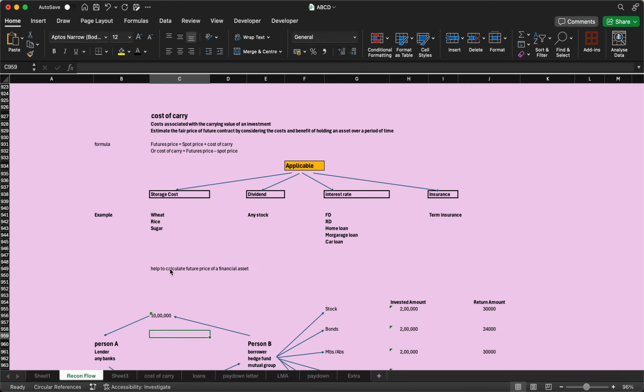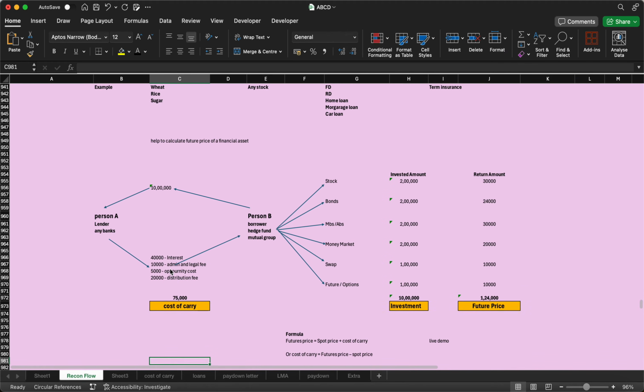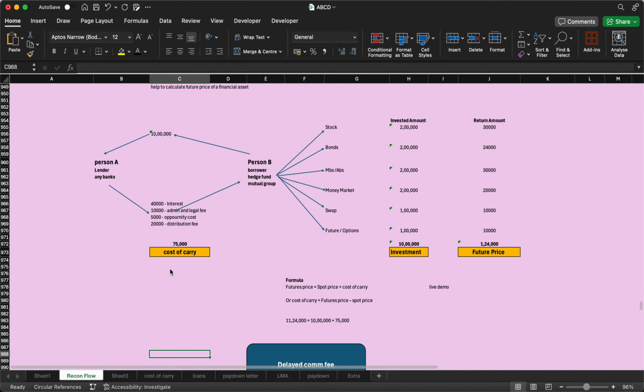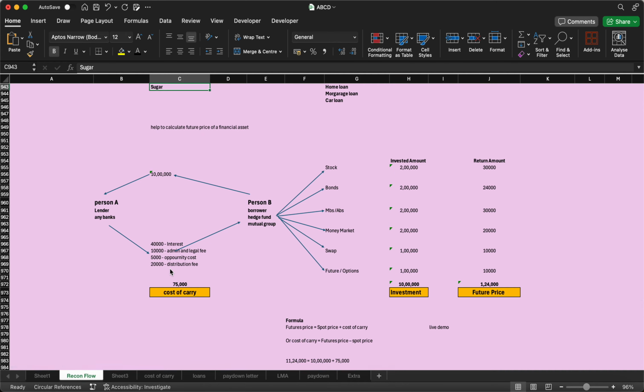Here is an example we have taken from a live perspective. There are person A and person B, a lender and a borrower. Person A is any bank you can take, and the borrower is a hedge fund or mutual fund group. They have taken 10 lakh rupees to run their mutual fund.